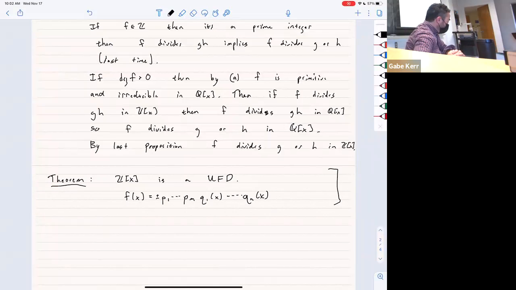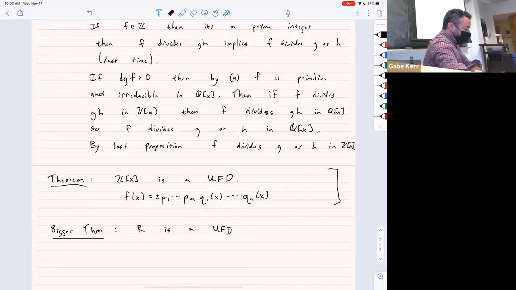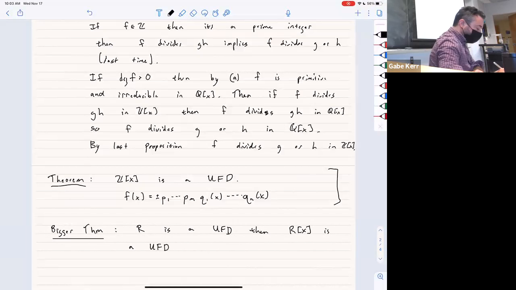This is a very useful result. And it's part of a larger package, a bigger theorem, which relies on a little bit more, but not much. A lot of the methods we talk about here can be repeated, which is that if R is a UFD, then R[x] is too. We don't quite have all the tools we need to do this.